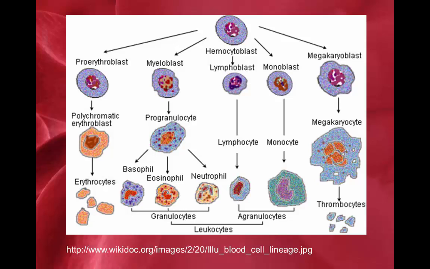I put this slide because it's very important to remember how bone marrow differentiates. As the bone marrow gets deficient, or if the bone marrow is activated with accelerated function, you would find more immature cells in plasma.